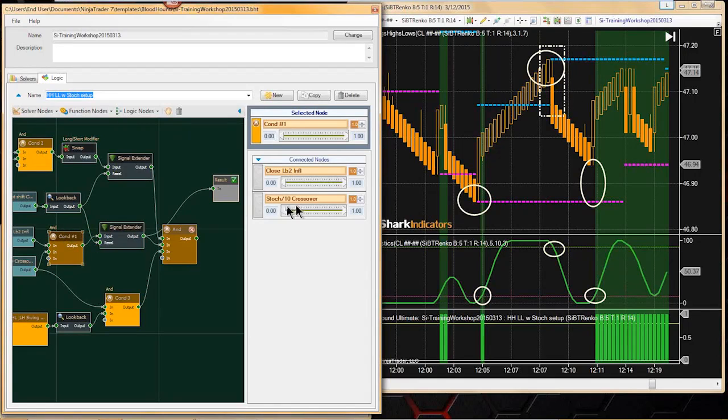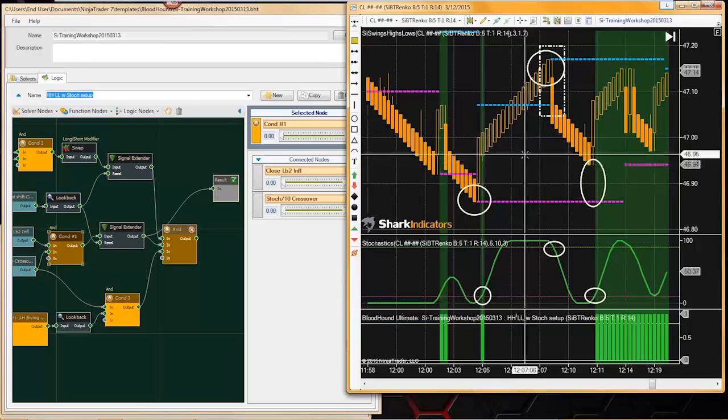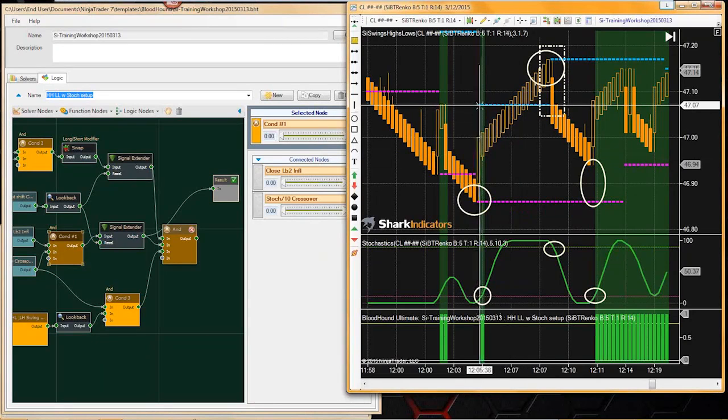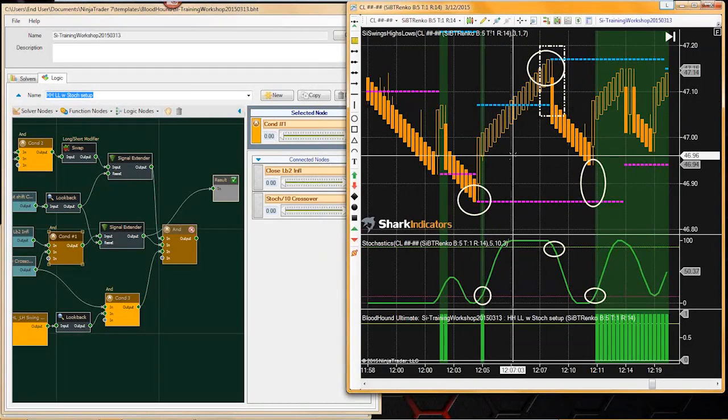Right, so we have condition 1 plugged in here, and oh, look at this. So yeah, so our blue plot line, right, our swing high, is shifted down, and so condition 1 essentially happened for 1 bar, and then the signal extender got reset. All right, so it looks like we might have to rethink this a little bit.